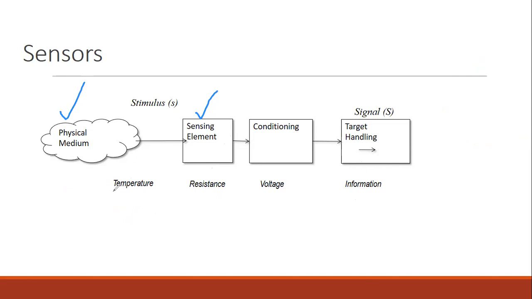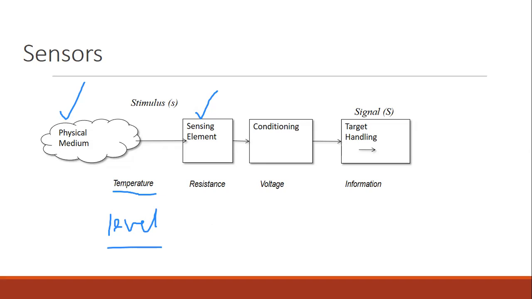Here I have taken the example of temperature, but suppose you want to measure the level in a water tank, then you can use capacitance as a sensing element. Here you used a thermistor or a resistor. Here you will use a capacitor, and the property is capacitance. According to the level, there is a variation in the capacitance.